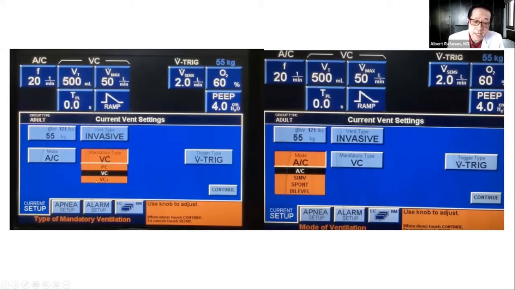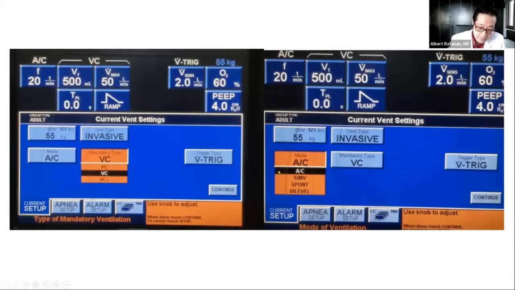VC plus is a combination of both volume and pressure, a volume assured pressure control ventilation. But anyway, this is volume control and pressure control. Hopefully you understand what we mean by VC and PC. In the same way, in the mode, you can set either volume control or pressure control, but you can put the patient either on assist control, SIMV, spontaneous, or bi-level.